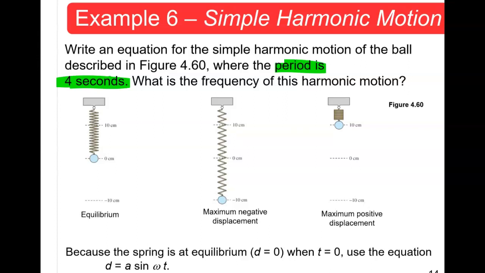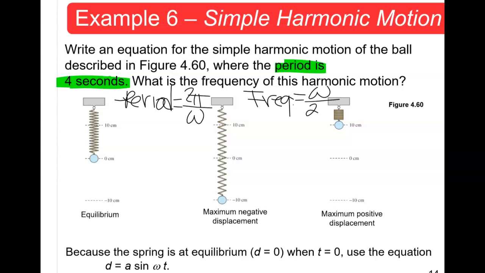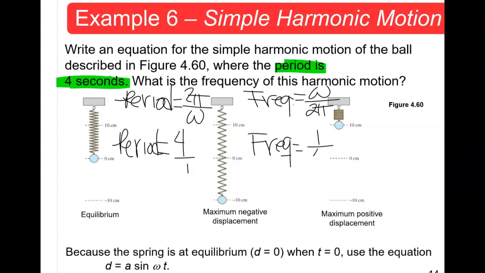Since the period is defined as 2 pi over omega, and frequency is actually the reciprocal of the period, it will be omega over 2 pi. Okay, so if the period is equal to 4 over 1, the frequency will be the reciprocal of that, and that will equal 1 over 4.